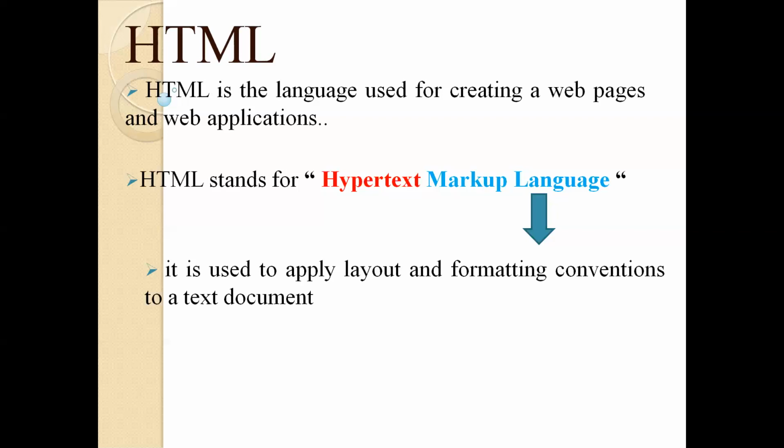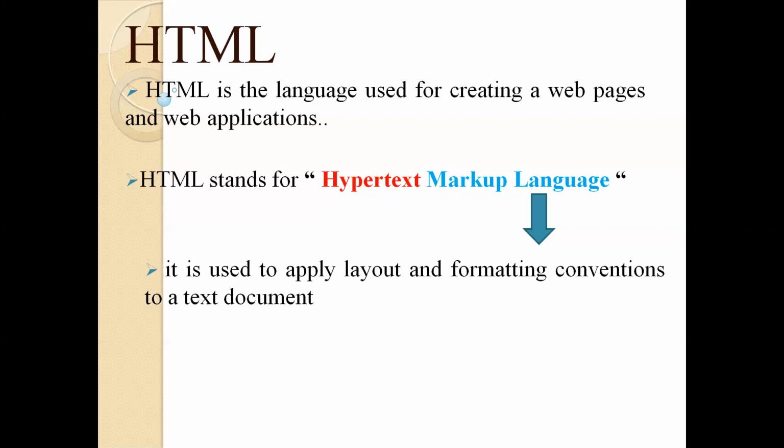If we want to display an image or text on a web page, we need to format that thing and apply some layout to make it look good. So HTML stands for Hypertext Markup Language, and markup language is used to apply layout and formatting conventions to a text document.